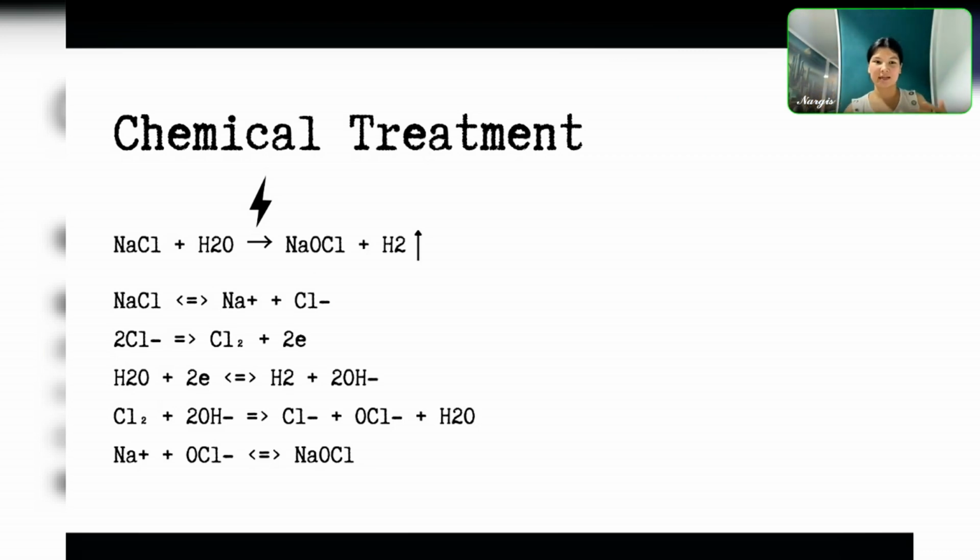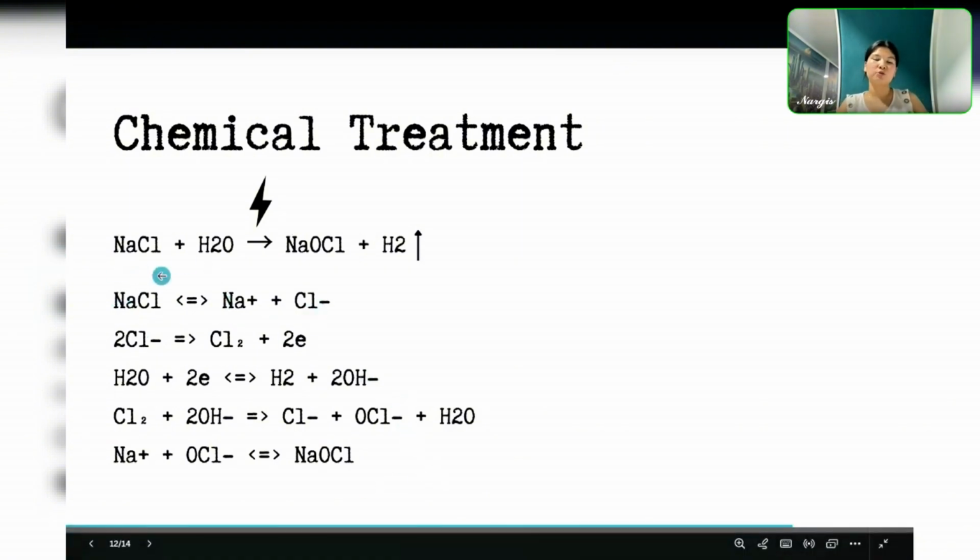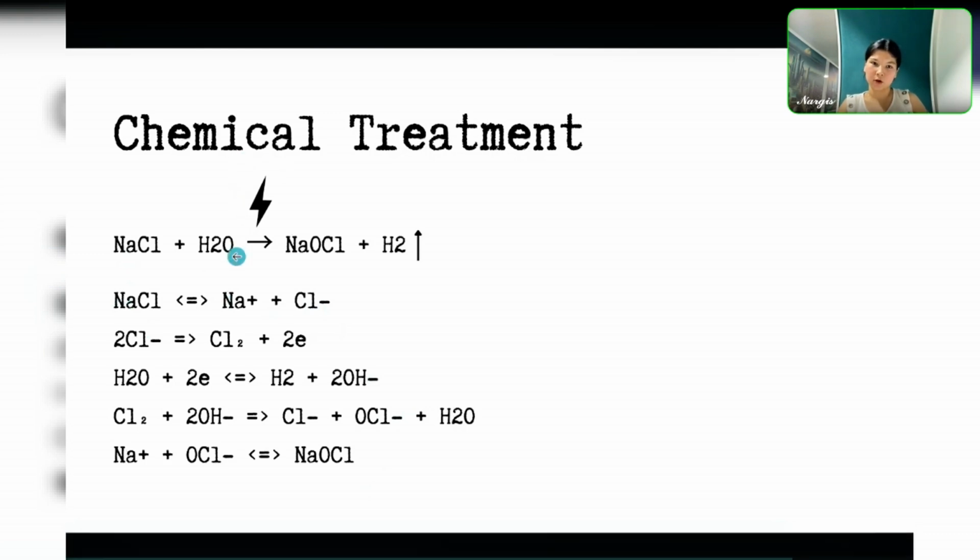In theory, from sodium chloride with electricity and water, you will have sodium hypochlorite. And sodium hypochlorite is a very, very strong oxidizing agent. It's in fact used in bleach as well, but with calcium, not with sodium, I guess.